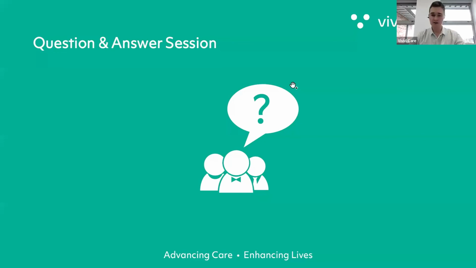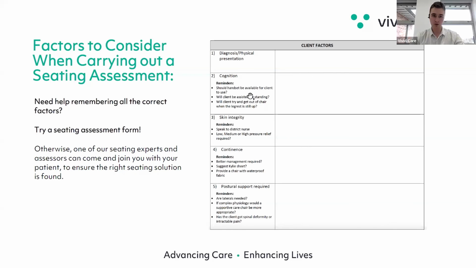Well, I don't want to take up too much of people's time, so there's just one more thing which I thought might be useful for you, which we can offer for when you're doing assessments. We've got a whole range of resources on our website, but one of the ones which is available to download is this seating assessment form. Basically, you can use it as a checklist and a place to take down notes when you're completing seating assessments, and it will bring you through all the things to take into consideration when you're going through your assessment.